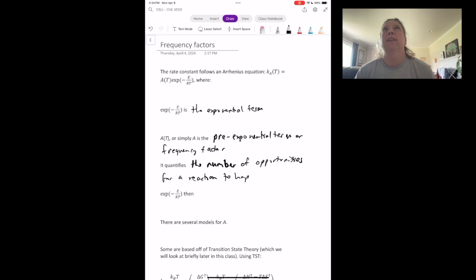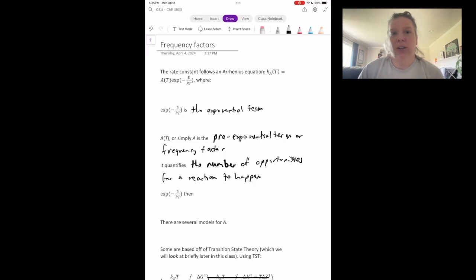The best way I can explain that is that if for a reaction to happen, molecule A has to react with molecule B, the frequency factor is going to quantify how frequently molecules A and B come into contact. So how many opportunities are there to react?